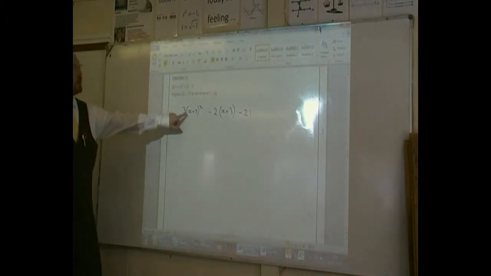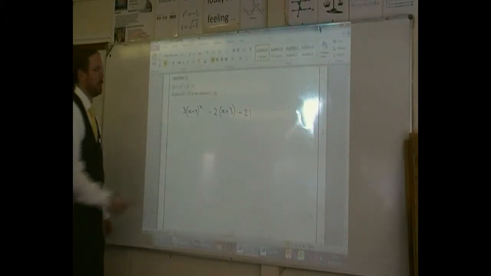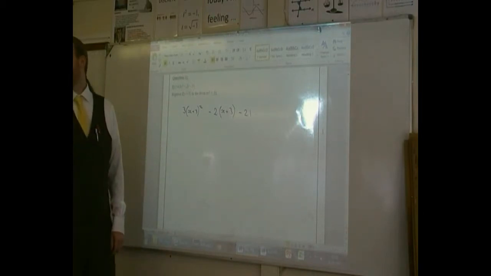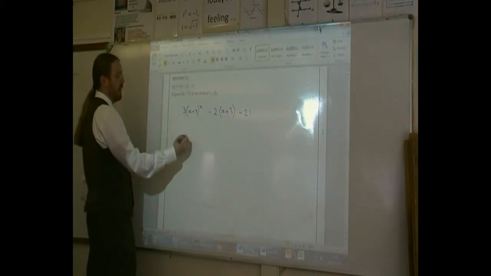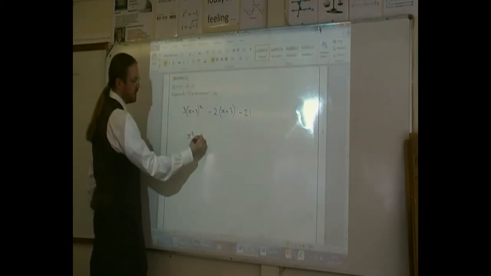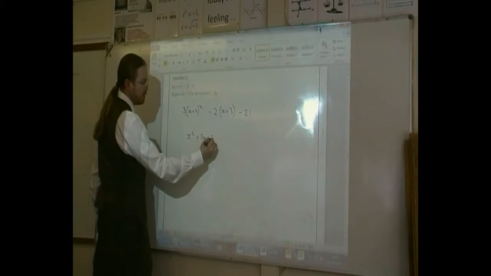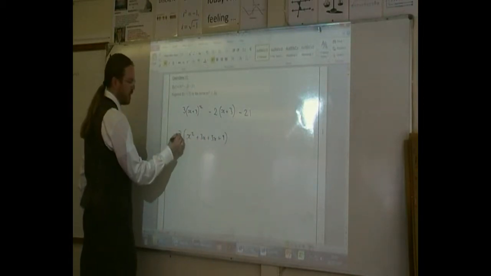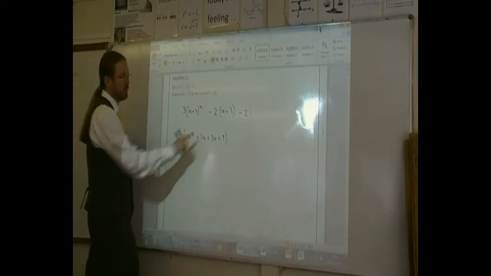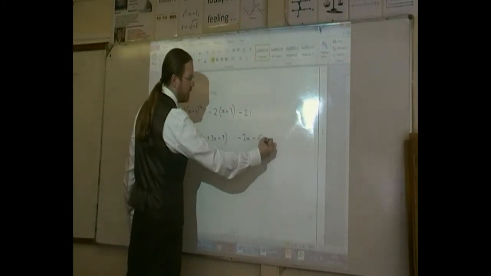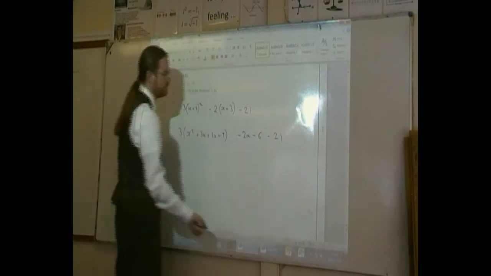So, expanding the first one, let's do the bracket first of all. x squared plus 3x plus 3x plus 9, and all of that's being multiplied by 3, and then minus 2x minus 6, and then minus 21.